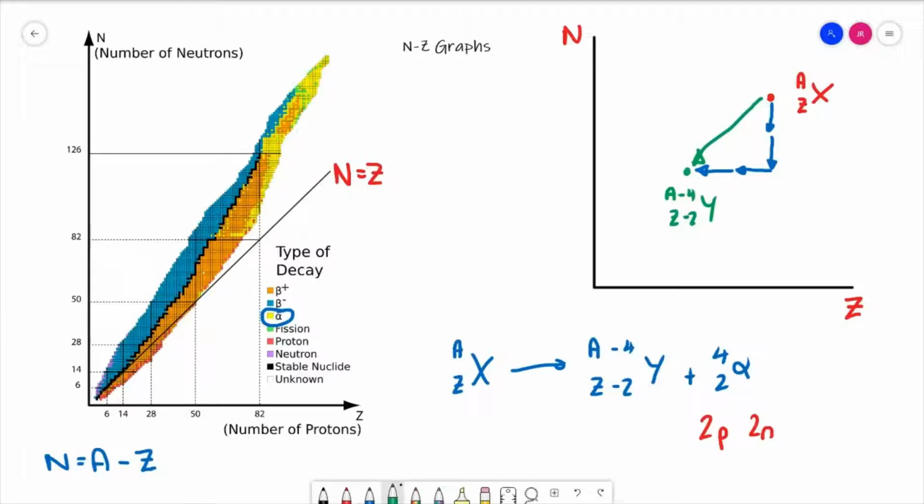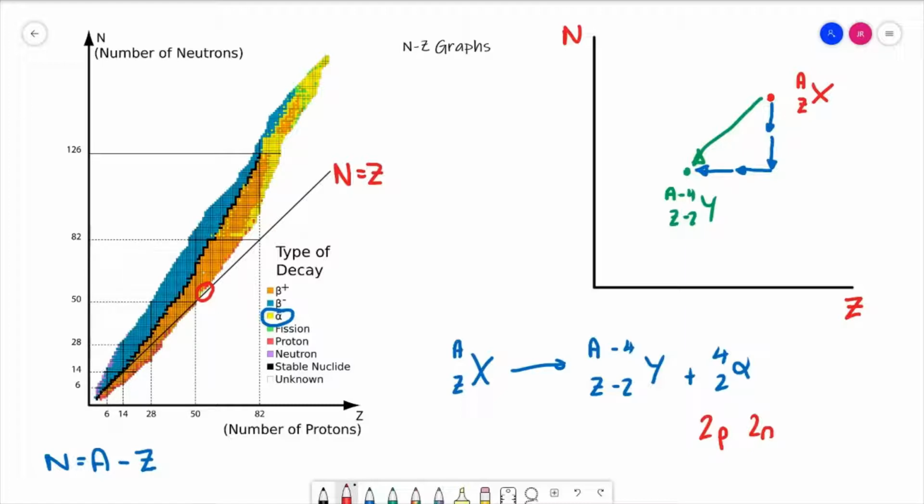Now, if we relate that back to the colourful graph that we've got over here, we can see that in yellow for alpha decay, most of the nuclei that will tend to decay by alpha decay are up near the top. They're at the higher end of the proton number and obviously on the higher end of the neutron number. There is a tiny little cluster just down here which will decay by alpha. But in general, alpha decay doesn't really occur until you've got a neutron number of above 82.